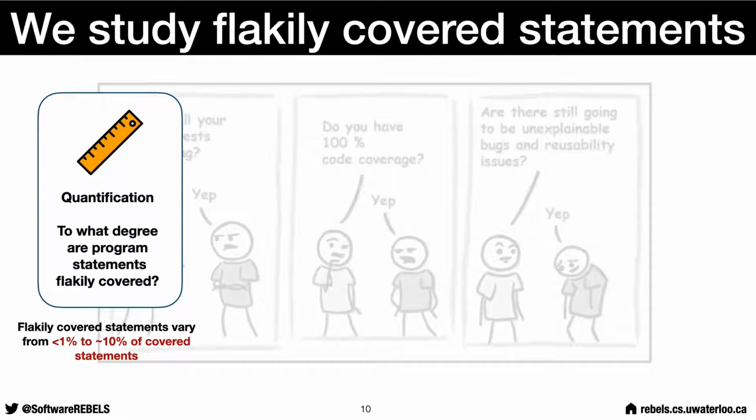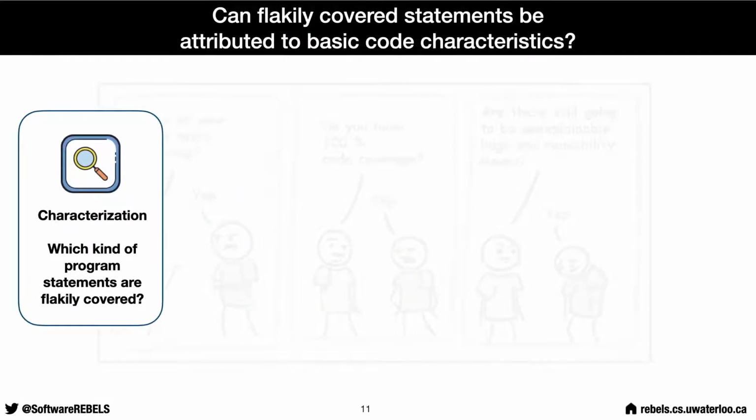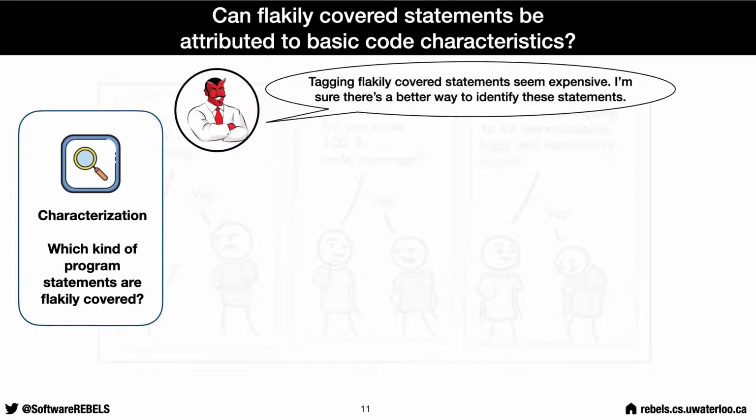Now that we know the occurrence of flakily covered statements, we move to the next step, which is to characterize. We want to identify if these flakily covered statements can be distinguished from robustly covered statements. To do so, we introduce the devil of the story, who says that there should be some code characteristics that identify flakily covered statements.